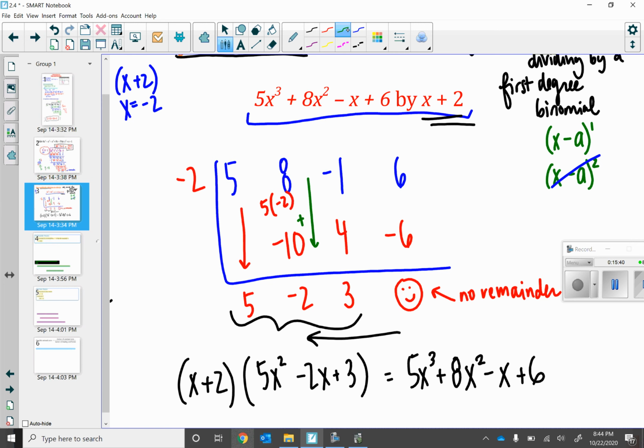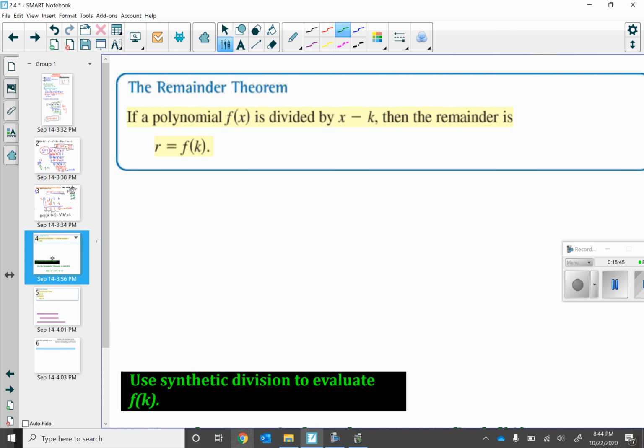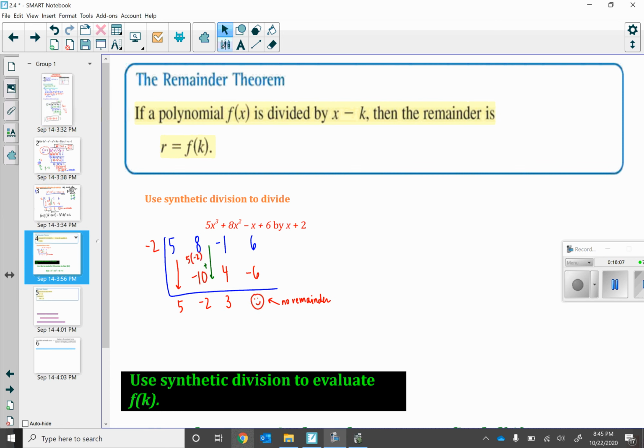Why is this something we want to do in this class? Well, let's look at a couple theorems. The first is the remainder theorem. It says if a polynomial is divided by a factor x minus k, then the remainder r is equal to f of k. That sounds kind of complicated, so let me unpack it. I pulled in the last example so that we could talk about what we're saying. We took the polynomial 5x cubed plus 8x squared minus x plus 6.